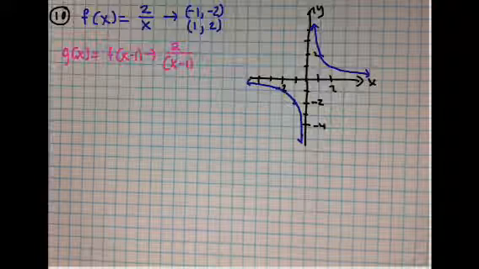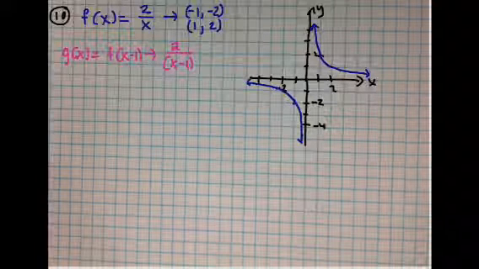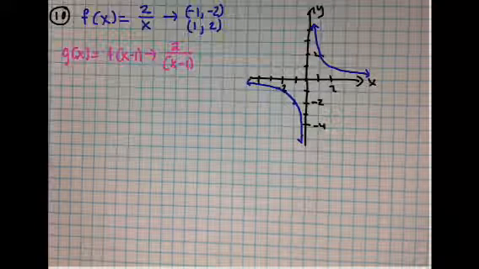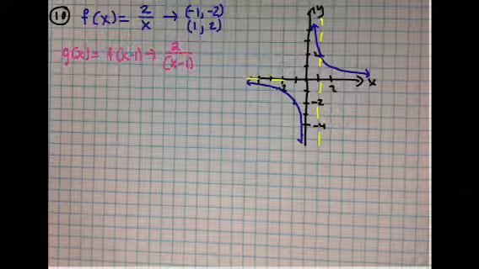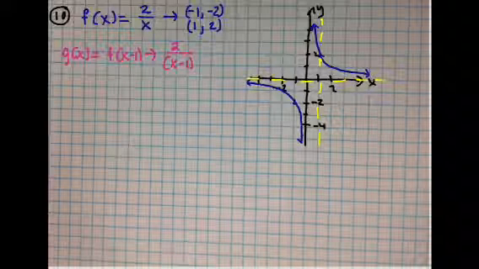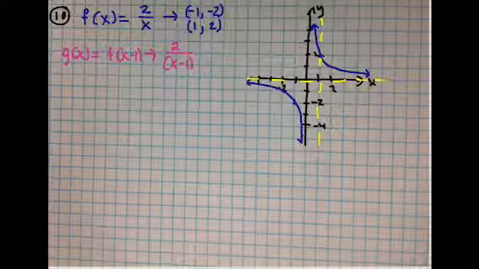So the vertical asymptote, which was at x equals 0, is now going to move over 1 to the right, like that, and the horizontal stays where it is. It didn't move anywhere.